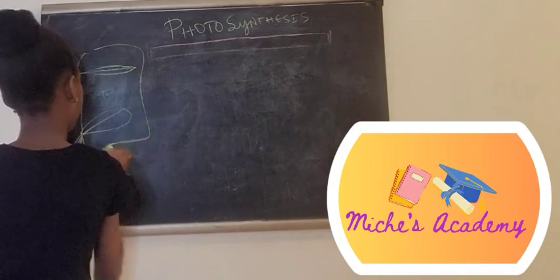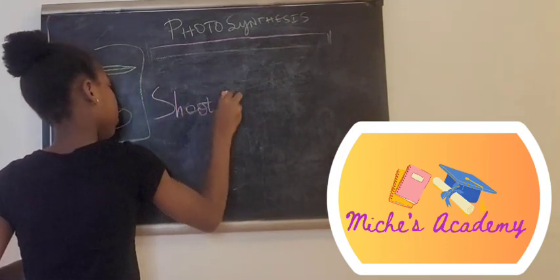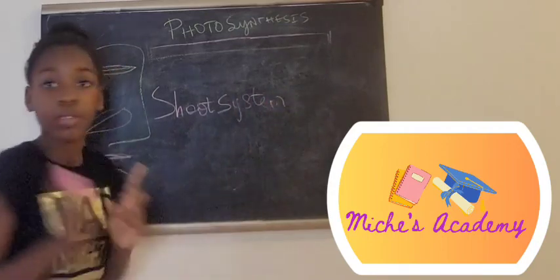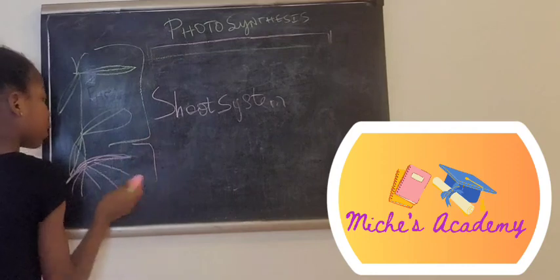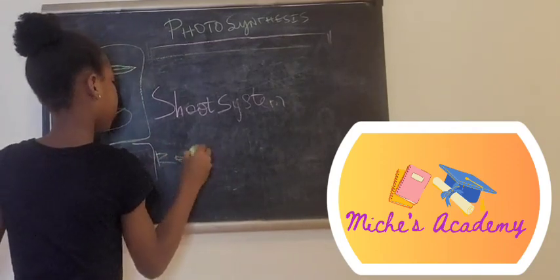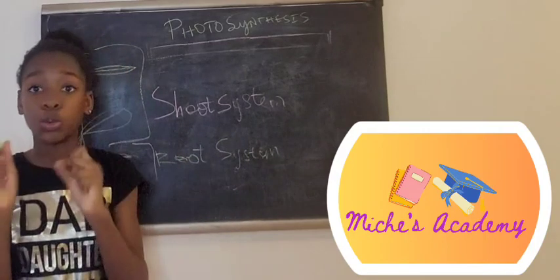This part of the plant is called the shoot system. Shoot system. Now, this part of the plant is called the root system. Root system.